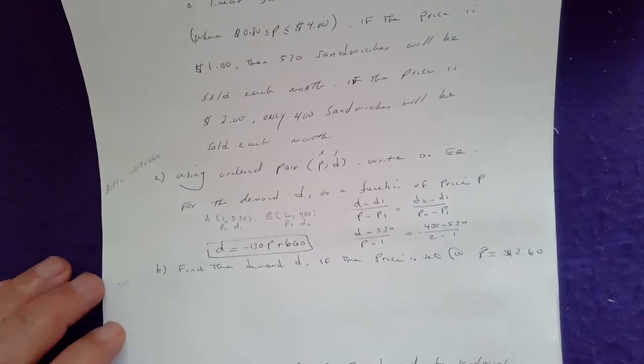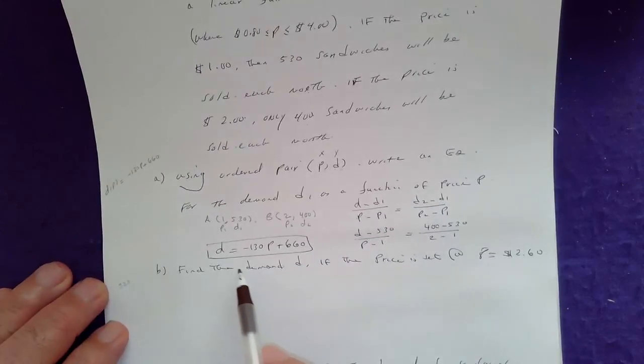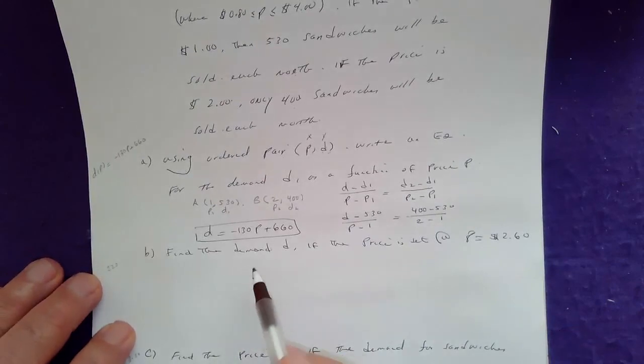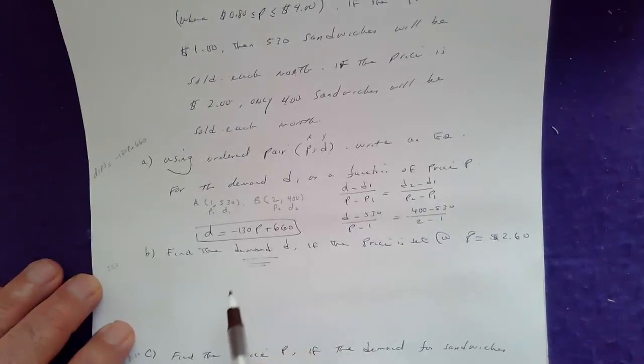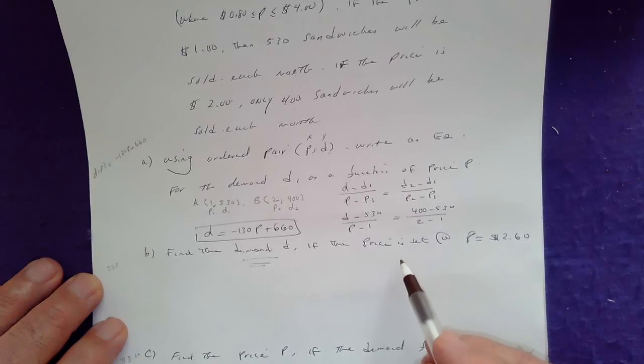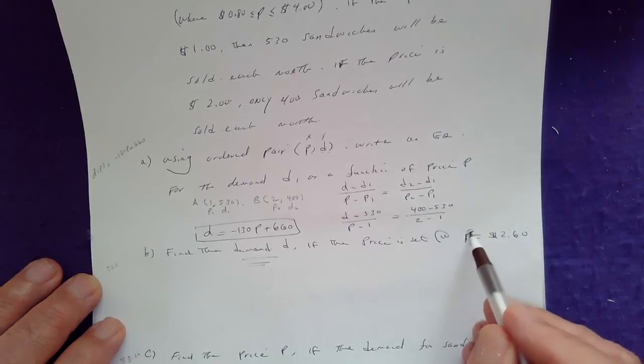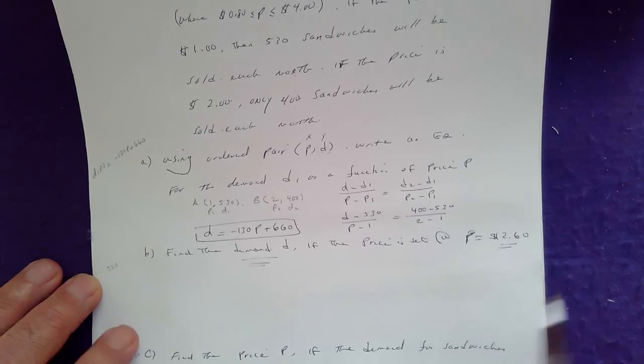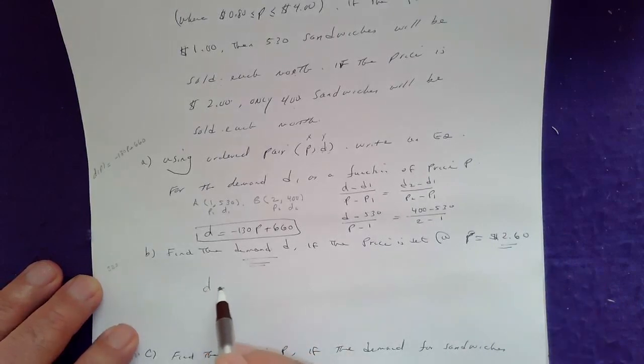All right. So based on this equation, we can predict what's going to happen in the future. For instance, the question is, can you tell us how many people are going to buy the sandwich if Arby's decided to set the price of each sandwich at $2.60? So I'm going to go back to this equation, correct?